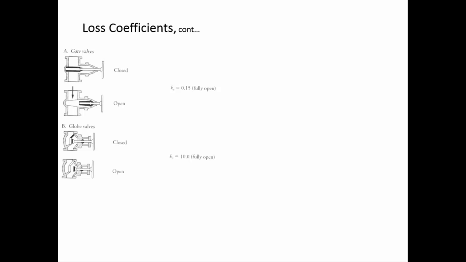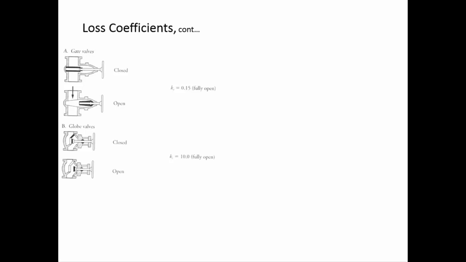And so when you are thinking about how much pressure do I need to deliver to someone's house, you have to think about what sorts of valves are used in a home. And if you have lots of globe valves, for example, you can see that the K value for a fully open globe valve is 10, which means as water flows through that valve, even when it's all the way open, you're losing 10 times the velocity head.